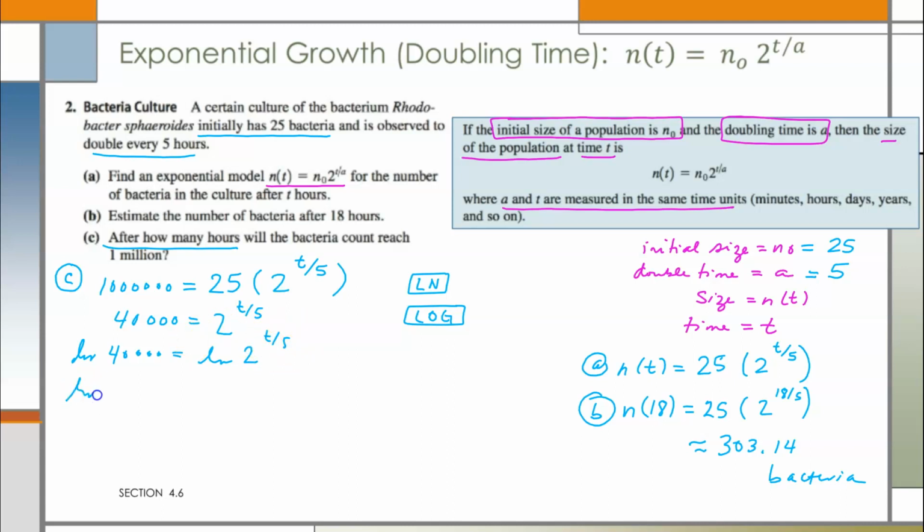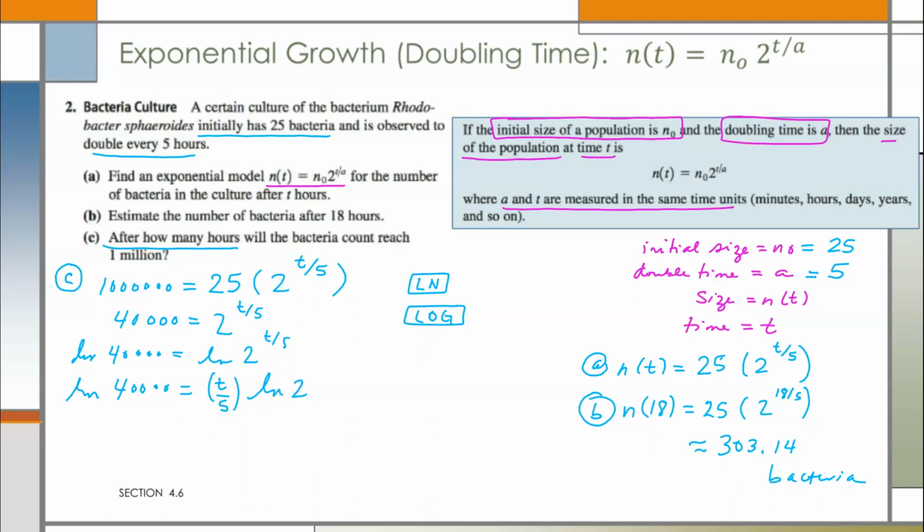So we have the ln of 40,000 is equal to t over 5 times ln of 2.